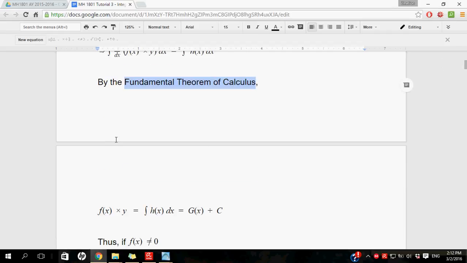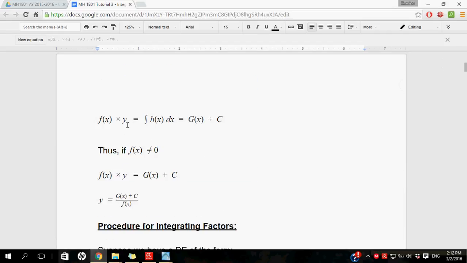So when we do integration we get f of x times y on the left, and on the right, the integration of h of x. Let us suppose that we can integrate h of x, and we produce it as a function g of x plus our arbitrary constant c.